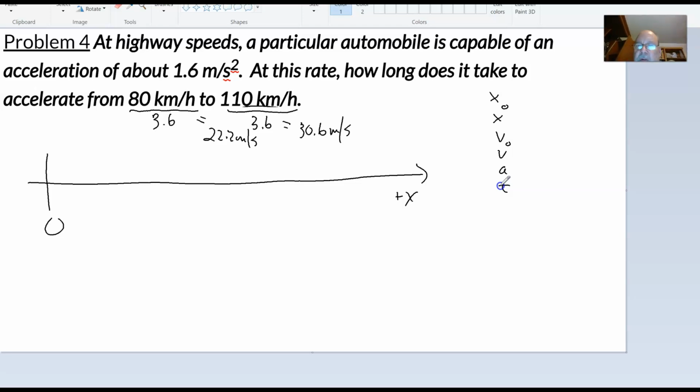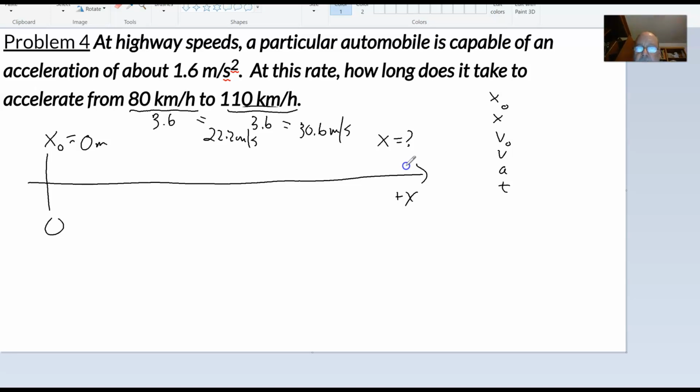For example, the problem doesn't tell you what your initial position is. So when that happens, we're free to assume that our initial position is 0 meters. In this case, we're also not told what our final position is, so we'll come over here and say x is question mark.